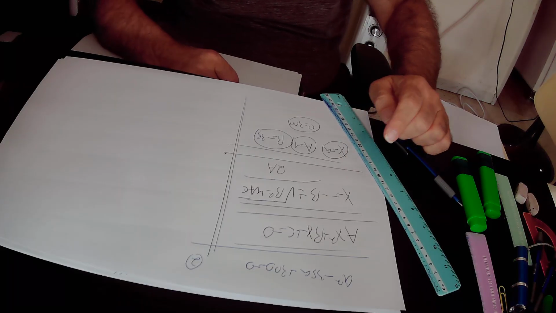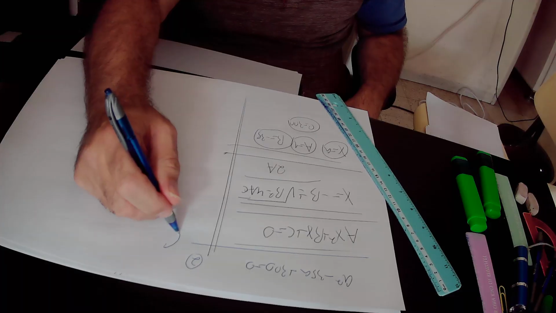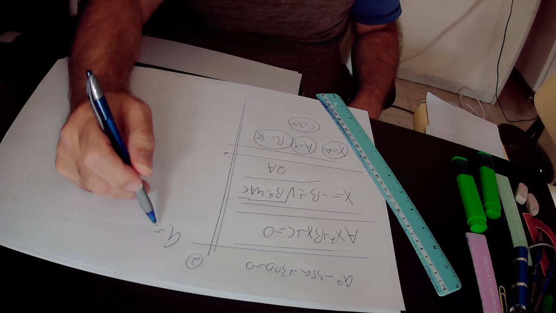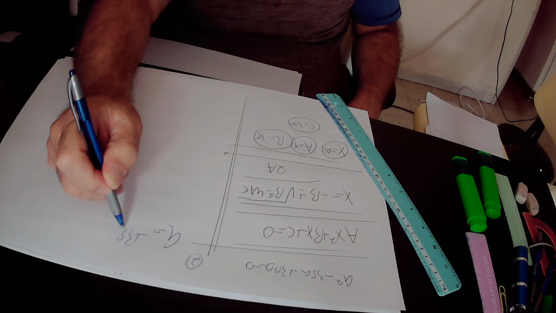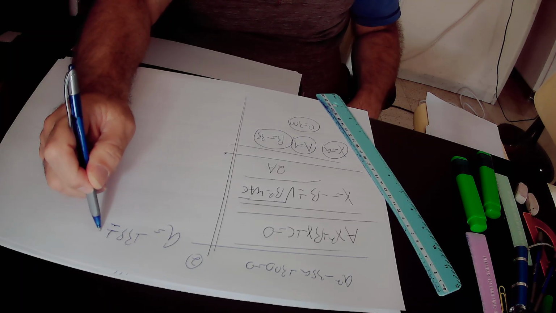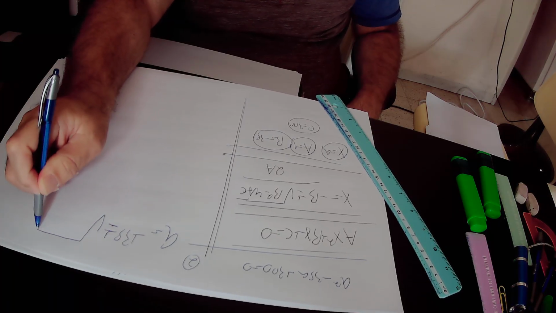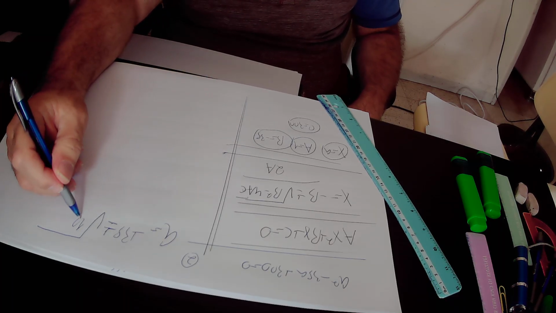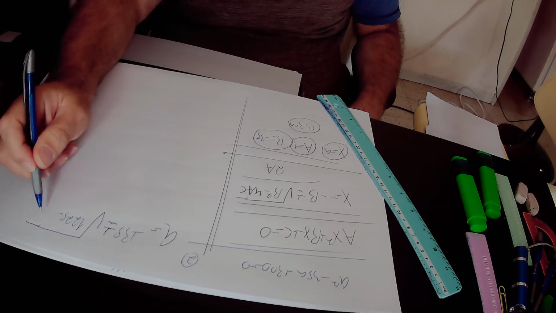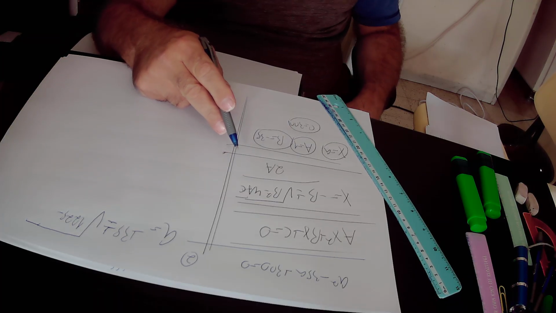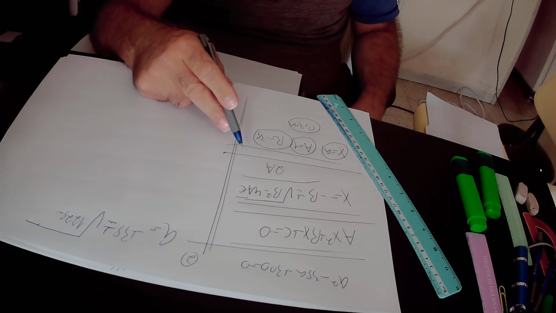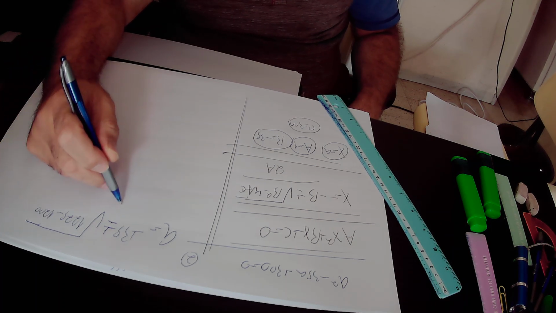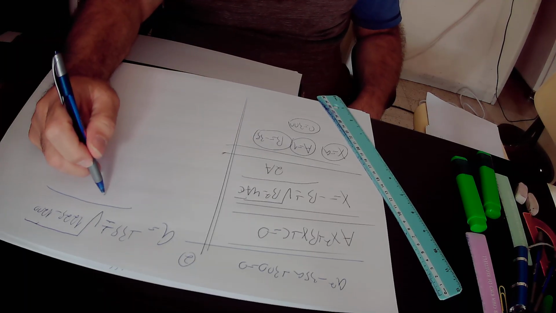Here x equals a, and it equals minus b. b is minus 35, therefore minus b is plus 35, plus or minus the square root of b squared. b is minus 35, therefore b squared is 35 squared, that is 1225, minus 4 times a times c. a is 1, c is 300, so 4 times a times c is 4 times 1 times 300, that is 1200, over 2a. a is 1, so 2a is 2 times 1, that is 2.